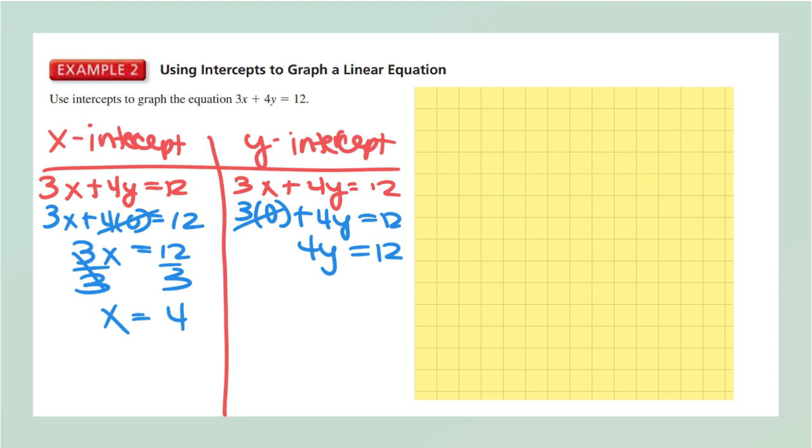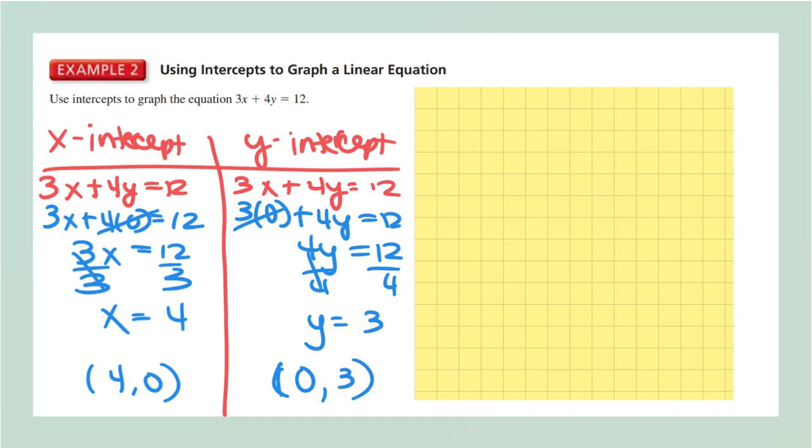Divide by 4 to solve for y, and y equals 3. So what are my ordered pairs here? Here it's going to be (4, 0), because we let y equal 0. And here we let x equal 0, and we know that y is going to be 3.